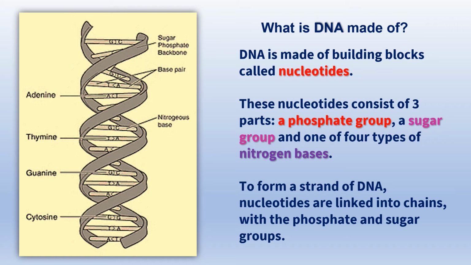If you can see here, the sugar phosphate backbone, the sides of it like little strips of ribbon, are the sugar and phosphate groups, whereas the nitrogenous bases are adenine, thymine, guanine, and cytosine. So three of them together, the sugar phosphate group and the nitrogenous bases, form a strand of DNA.